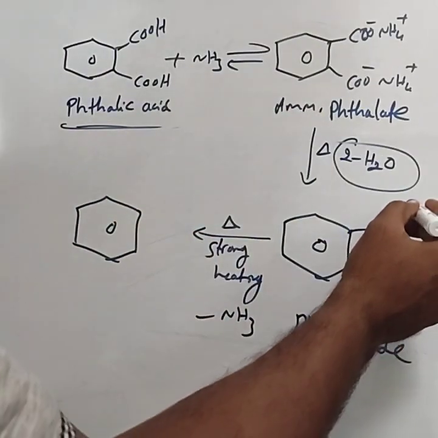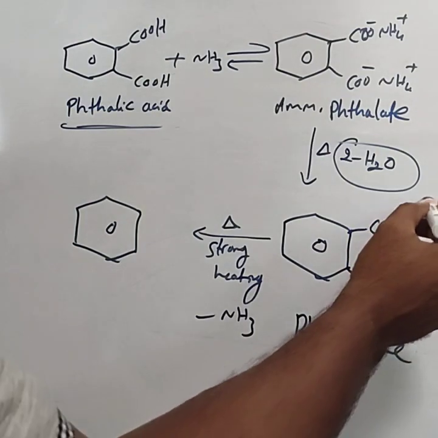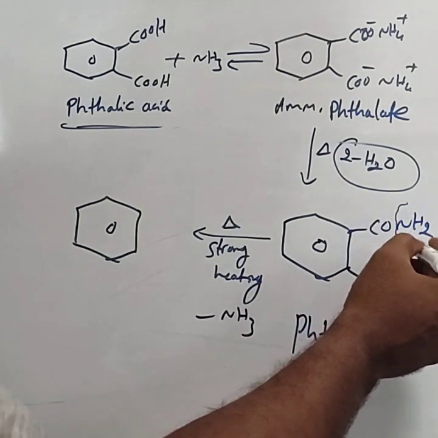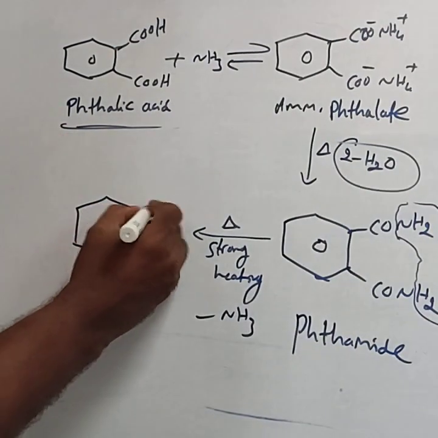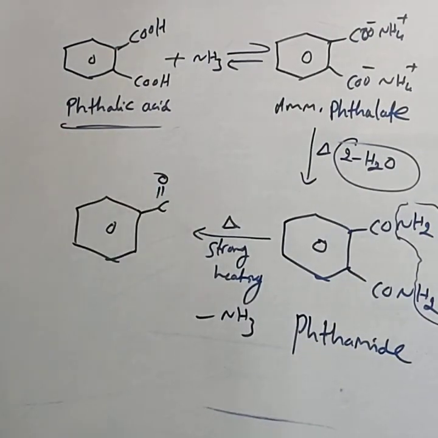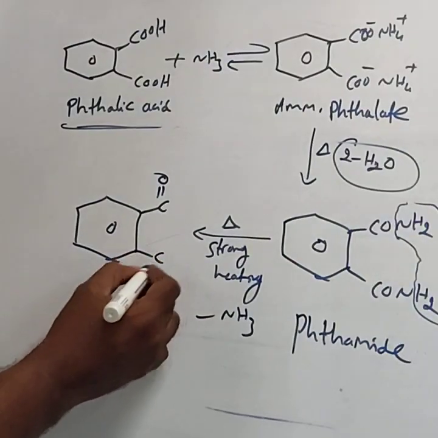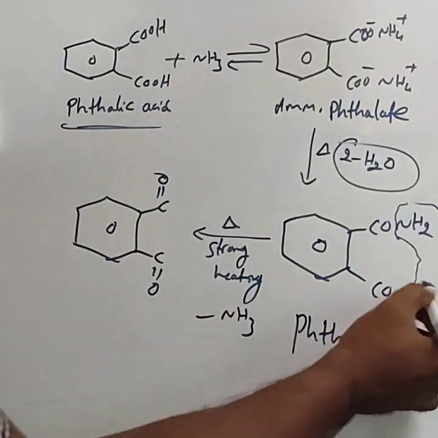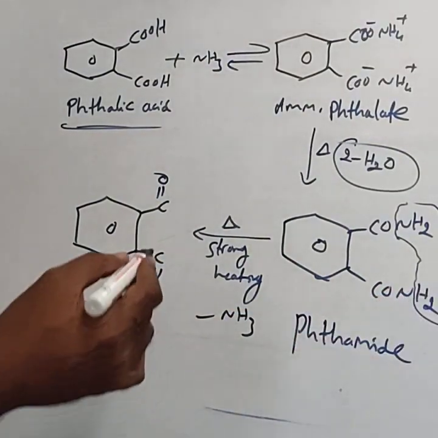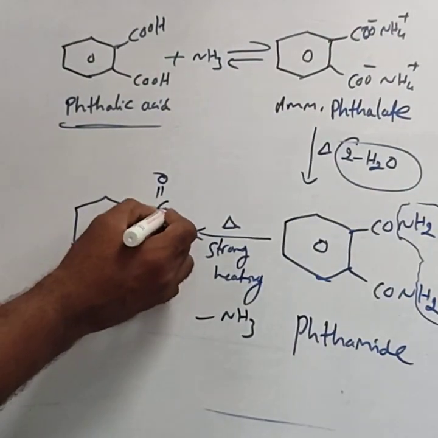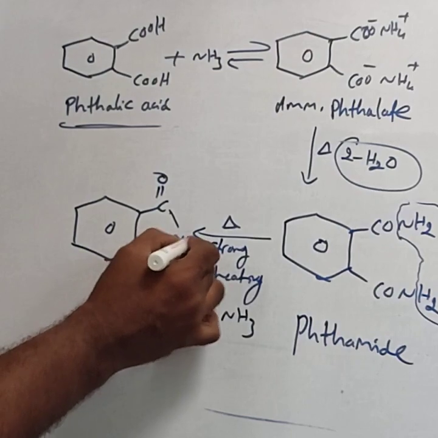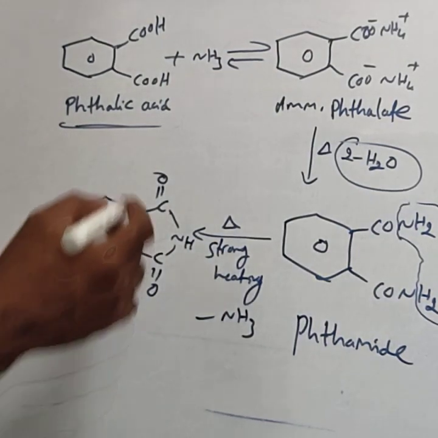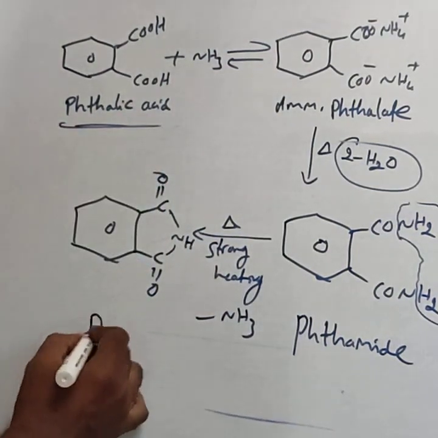From this group NH2, and from this NH2, hydrogen is removed. Then the remaining groups are CO. Here also CO. From this NH2 only NH is remaining. That NH bonds with this CO. This is called phthalimide.